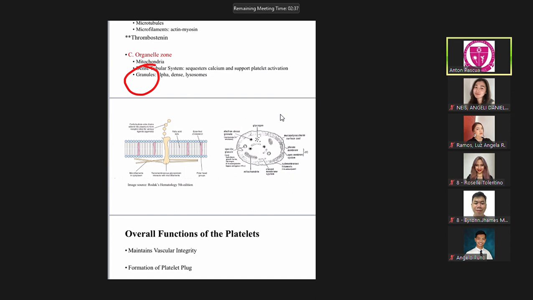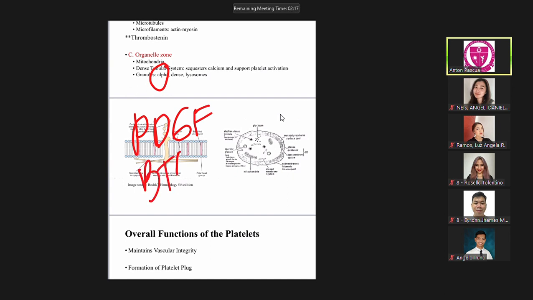Okay, you have different alpha granules that works hand in hand with your open canalicular system para makalabas sila, yan pag meron kang injury.